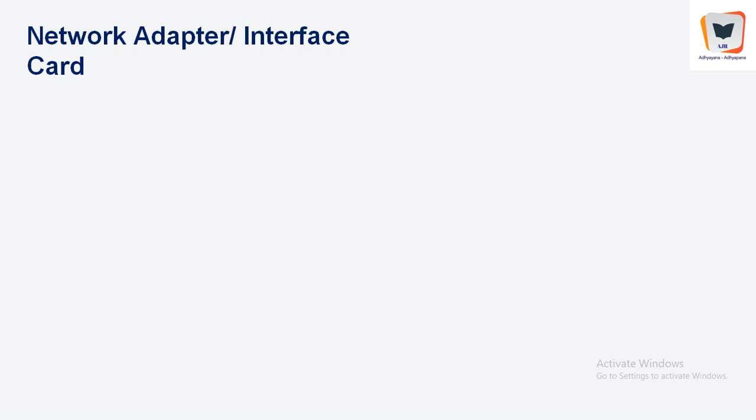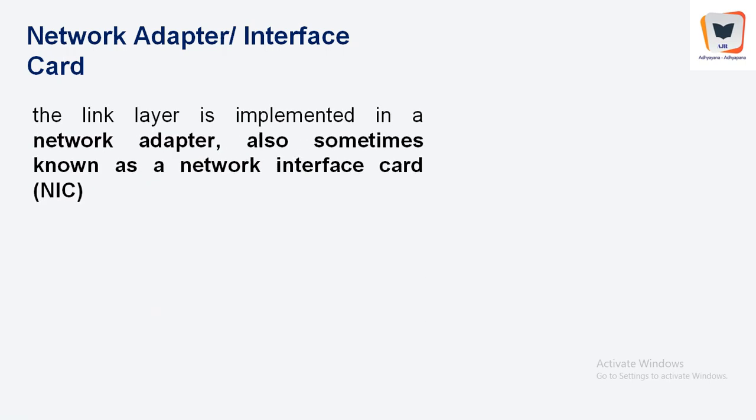For a given communication link, the link layer protocol, for the most part, is implemented in a physical unit called an adapter. It's also called an adapter card, or network interface card, which will look something like this.